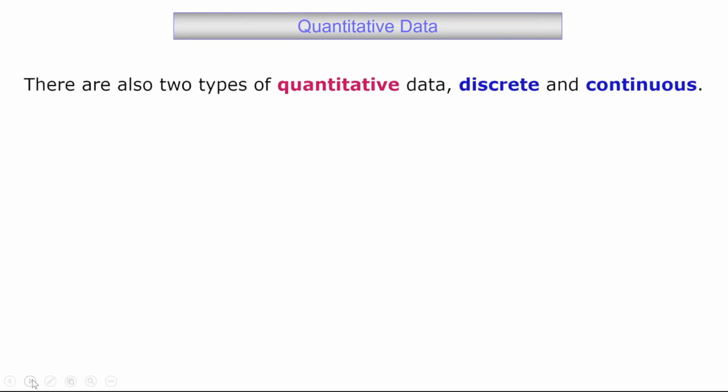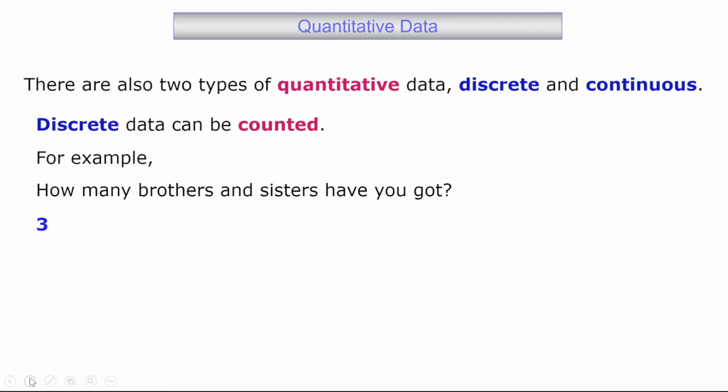Now within quantitative data, you also have two types. So you have discrete and continuous. So both of these are numbers. So if we look at discrete data, that data can be counted. So when we had the example of how many brothers and sisters have you got, the answer is 3. So you count the amount of brothers and sisters you have, and it's 3, and it's that exact number, for example.